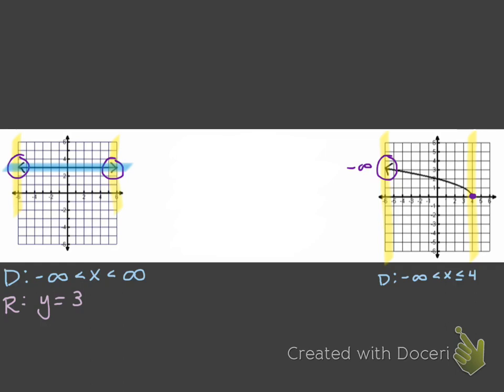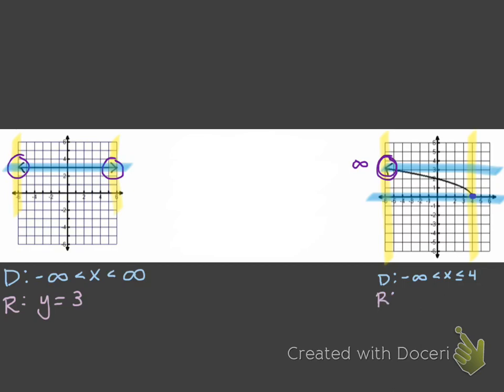For our range, the lowest y value that it hits is going to be 0. And if we try to box this in once again, we hit an arrow. But in terms of our range, instead of negative infinity, our range is going in the positive direction. Positive infinity for the range.